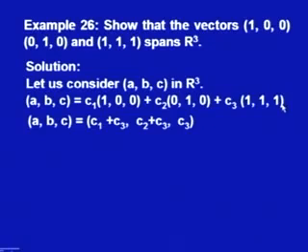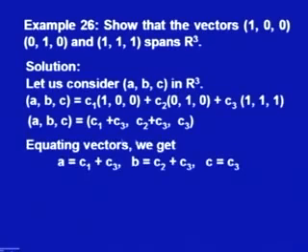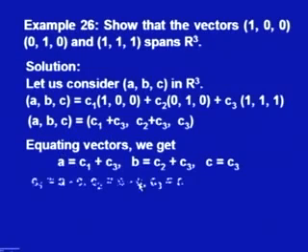Equating the right hand side and left hand side, we get c is equal to c3, the last component, then b is equal to c2 plus c3, and a is equal to c1 plus c3.